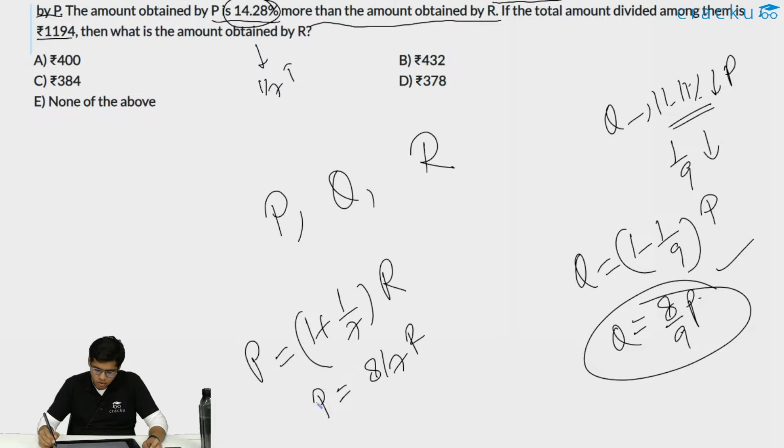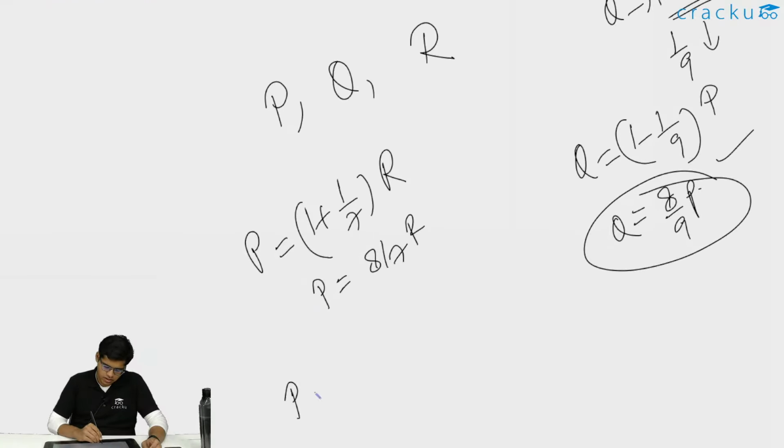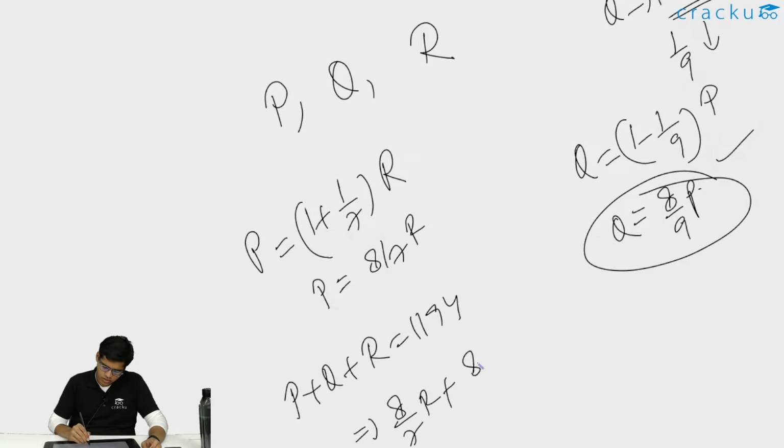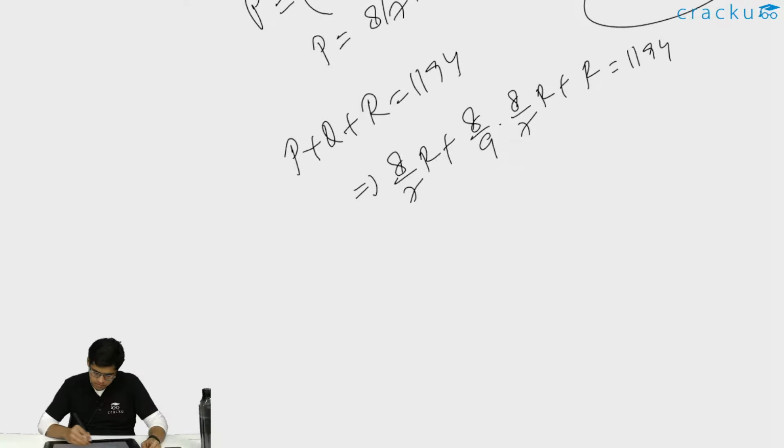The total amount divided among them is rupees 1194. So basically I can say P plus Q plus R is 1194. What is P? P is 8 by 7 R. What is Q? Q is 8 by 9 times P, and P is again 8 by 7 R, plus R equals 1194.